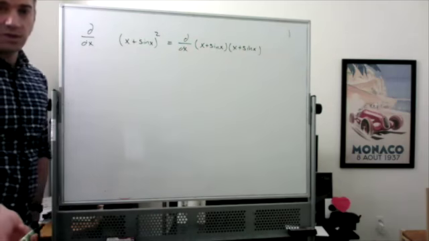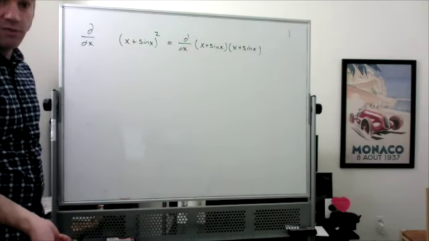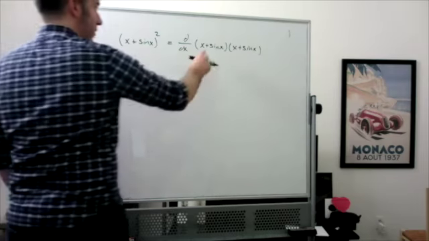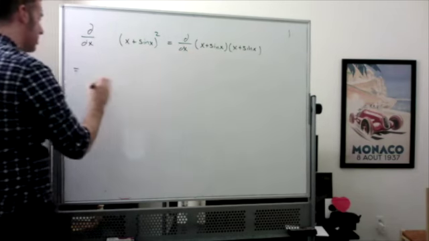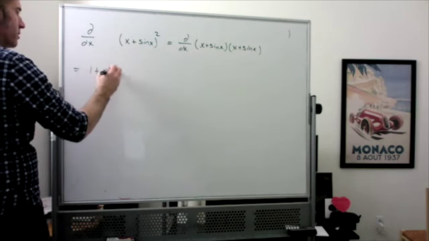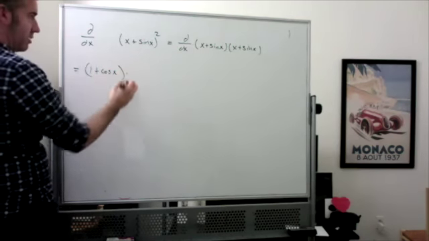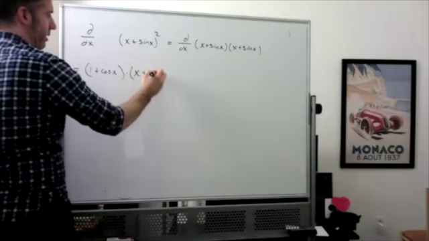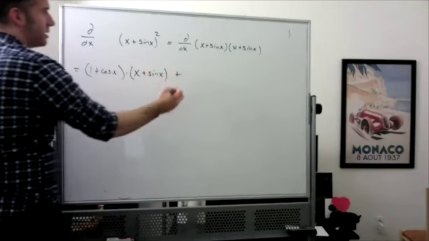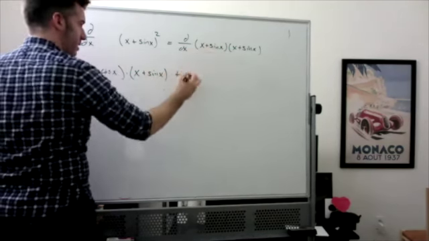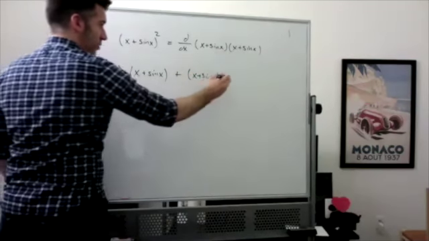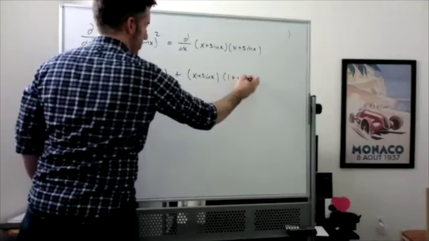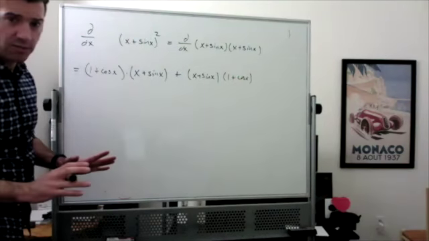So instead of using a different rule, I'm going to use the product rule. We're going to derive this times this. So the product rule says it's the derivative of the first thing, 1 plus cosine x, times the second thing, x plus sine of x, plus the first thing, x plus sine of x, times the derivative of the second thing, which is 1 plus cosine x.